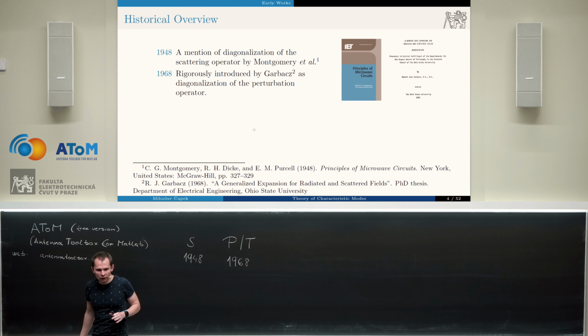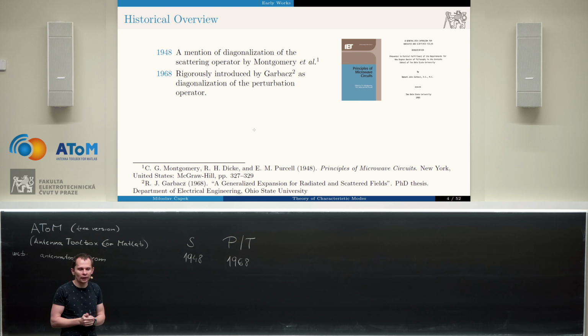In that PhD thesis, you can learn basically the complete theory of characteristic modes. All the properties are mentioned there, and the complete analytical theory is devised. Of course, at that time, Garbacz had no approach to an effective numerical procedure to evaluate arbitrarily shaped objects.